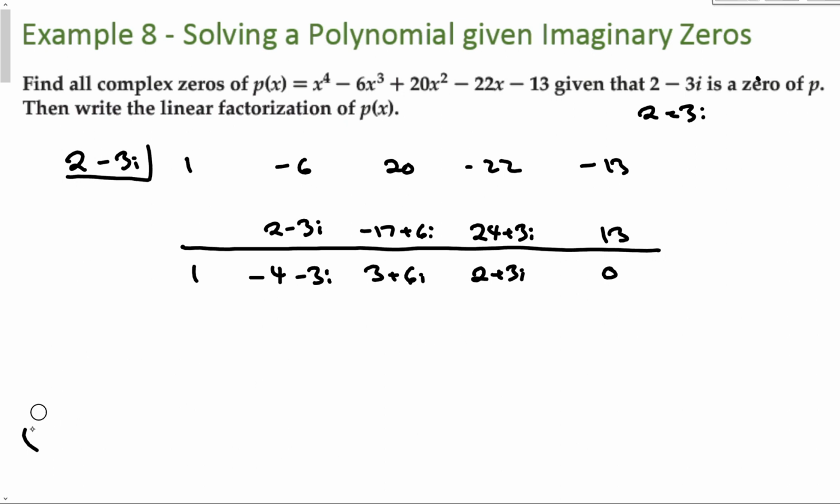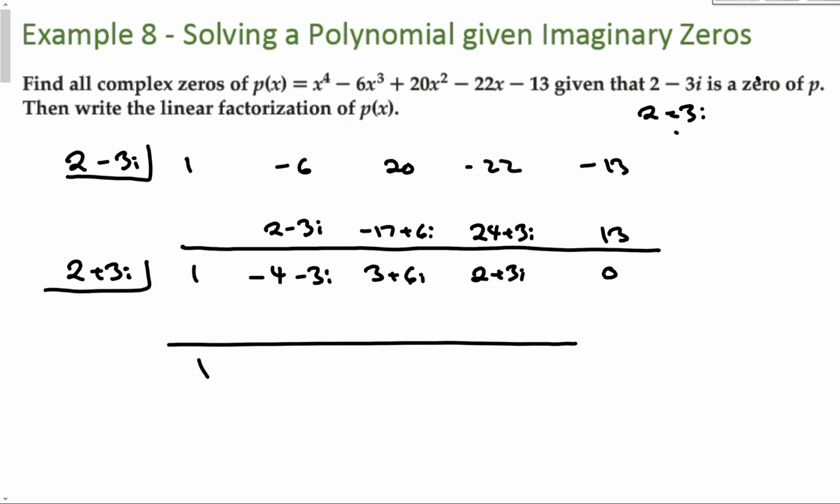Okay. Next, we're going to divide out the next imaginary number, 2 plus 3i. Now this one is a little bit easier because watch what happens. Okay, bring down the 1. Multiply 2 minus 3i, sorry, 2 plus 3i. The i's cancel, and we're left with a negative 2.